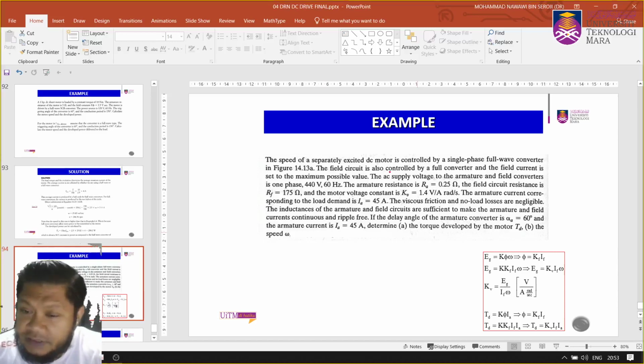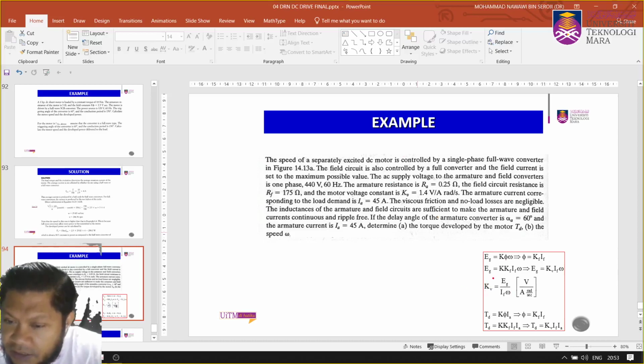So let's have a look at how the kV is obtained. You have this equation again. Flux is actually proportional to IF, and therefore you have K, KF, IF. Just replace that into that equation, and therefore it gives you the final equation.